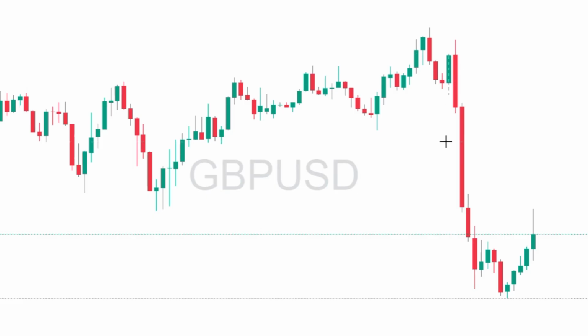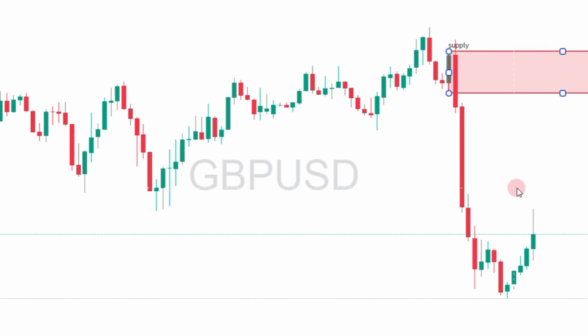In this case, right here, you can see that we had an aggressive push down, and I'll highlight what we call our supply. In this case, it would literally be here, which is that previous candle before the massive push down, and we'll put that as a supply zone, right?